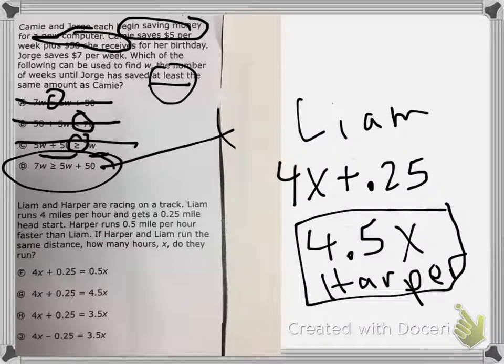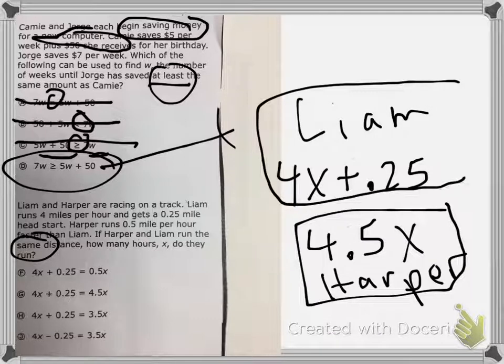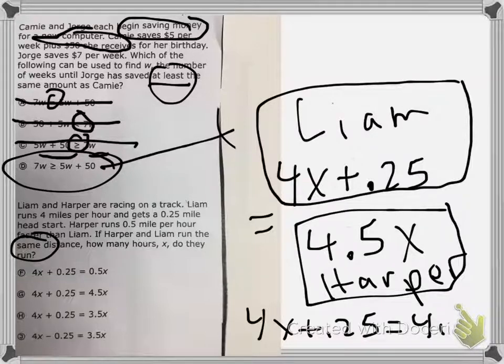All right, so now it says, when will they run the same distance? So when they say same distance, they want them to be equal to each other. So I need Liam's expression to be equal to Harper's. And so when I do that, that's going to give me my equation of 4x plus 0.25 equals 4 and 5/10 x.